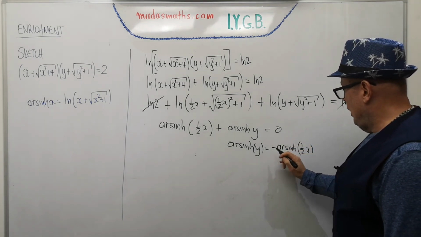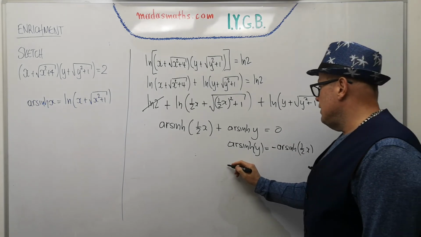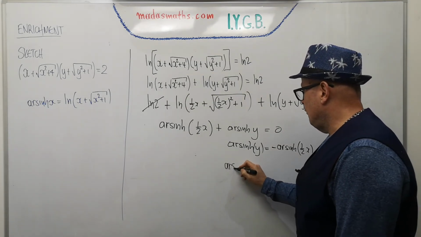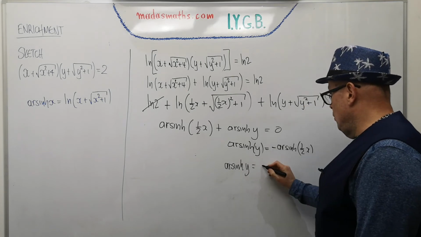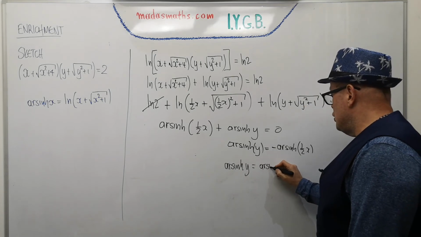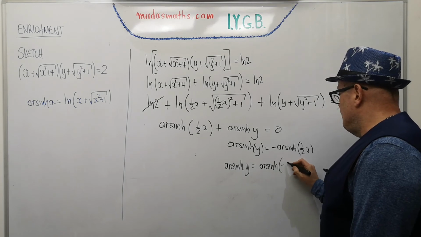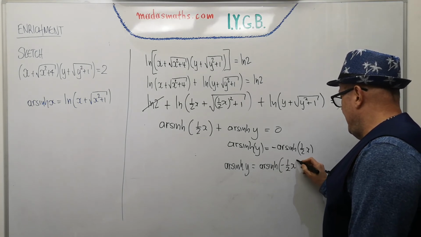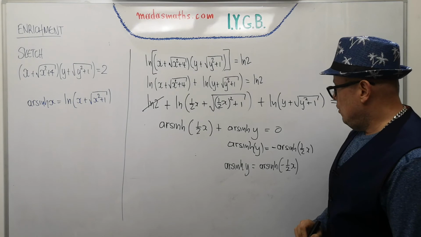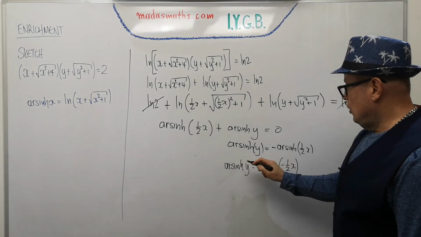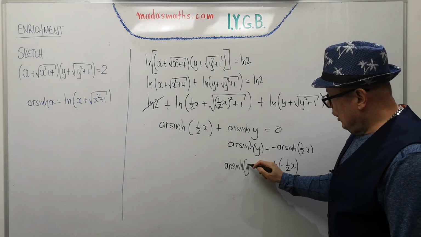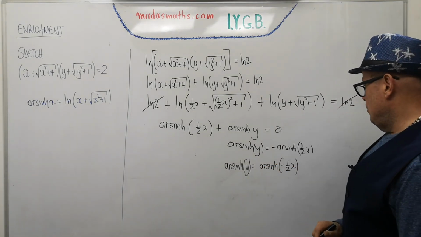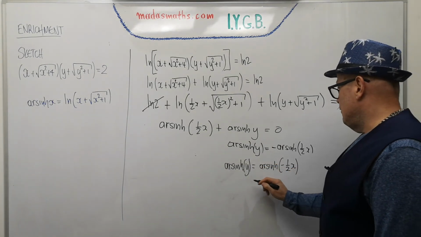So this minus, I could actually move it inside the argument. So I can actually say the arsinh of y is definitely equal to the arsinh of minus half x. And now I have two identical functions on both sides, and the argument of one is y and the argument of the other is minus a half x.